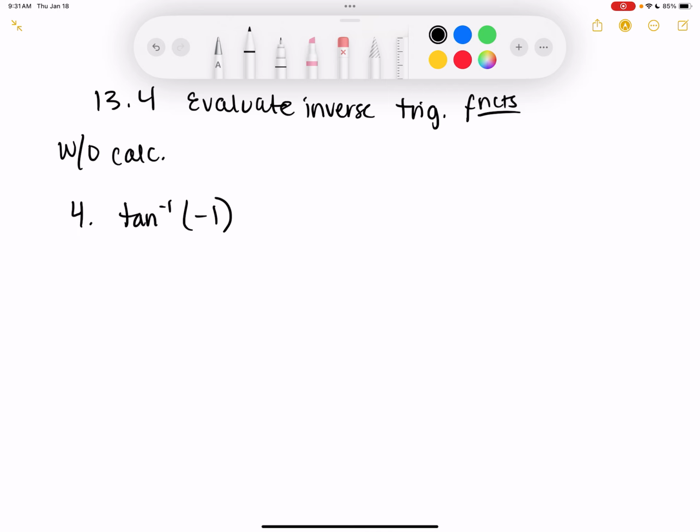Tangent occurs on the right side. The temptation for people is to write 315 degrees or 7 pi over 4, but that's not right. It's from minus pi over 2 to pi over 2, so this is going to be negative pi over 4 or negative 45 degrees.